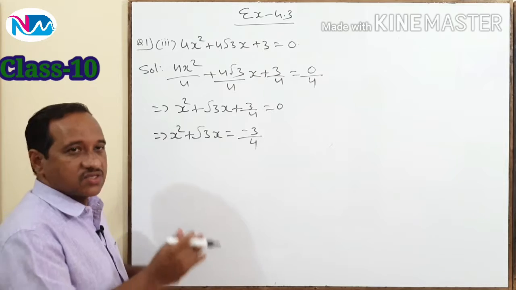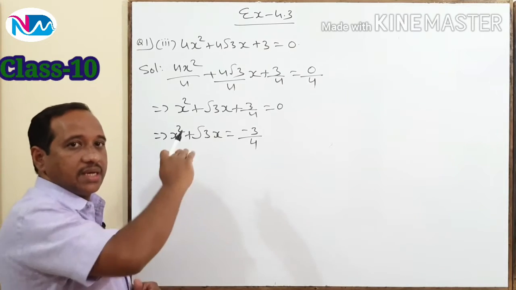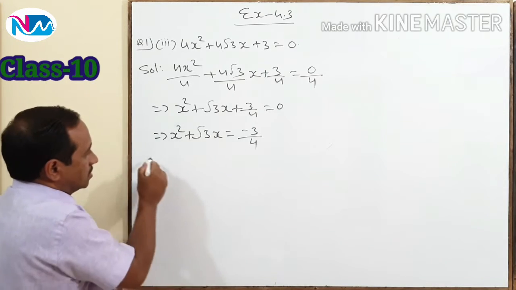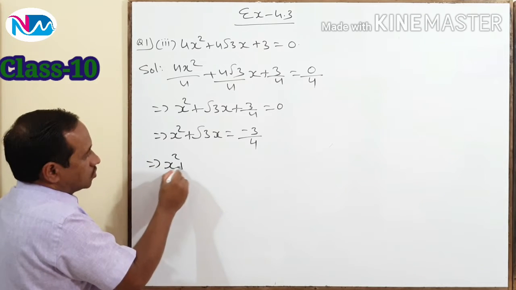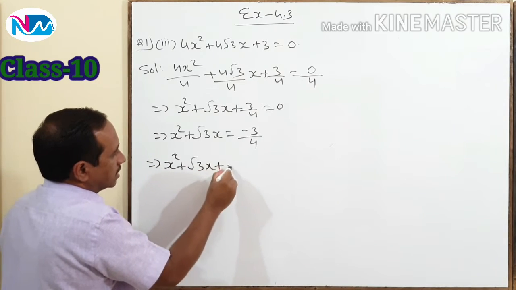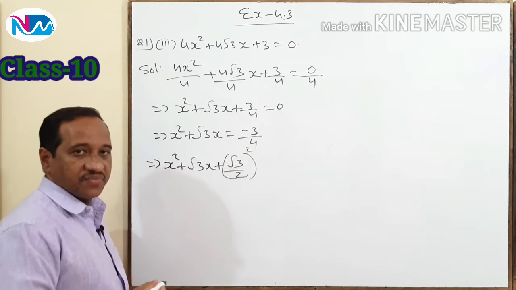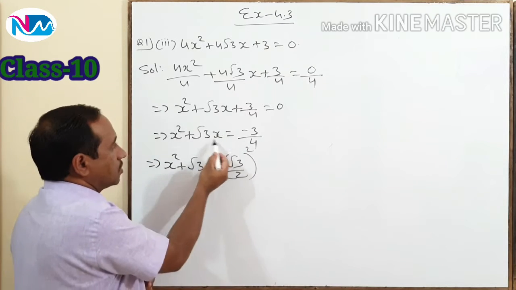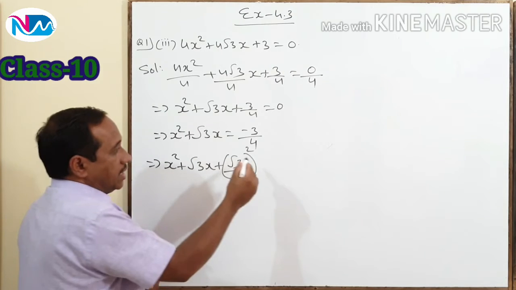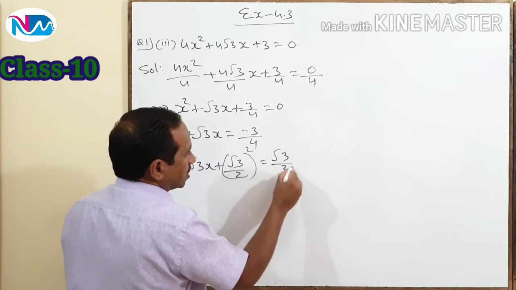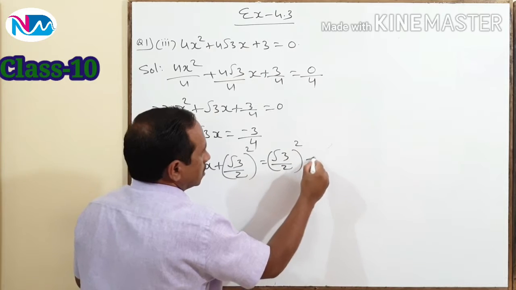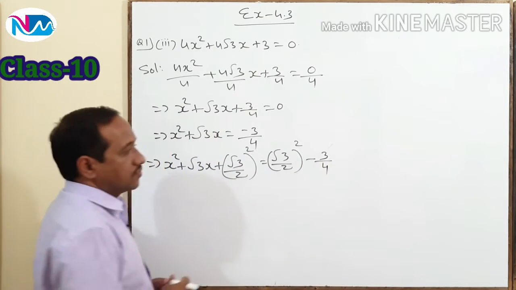So we will add the square of root 3 by 2 in LHS and RHS. That is x square plus root 3x plus root 3 by 2 the whole square, that is the square of half of the coefficient of x, is equal to root 3 by 2 the whole square minus 3 by 4.